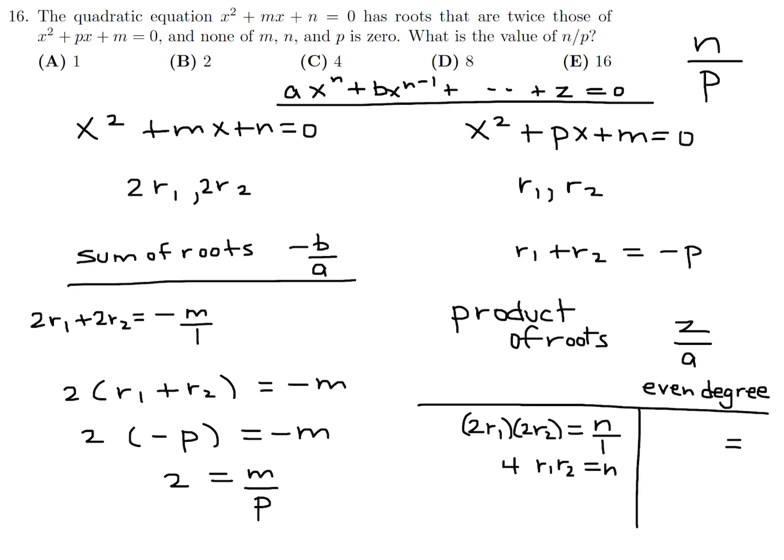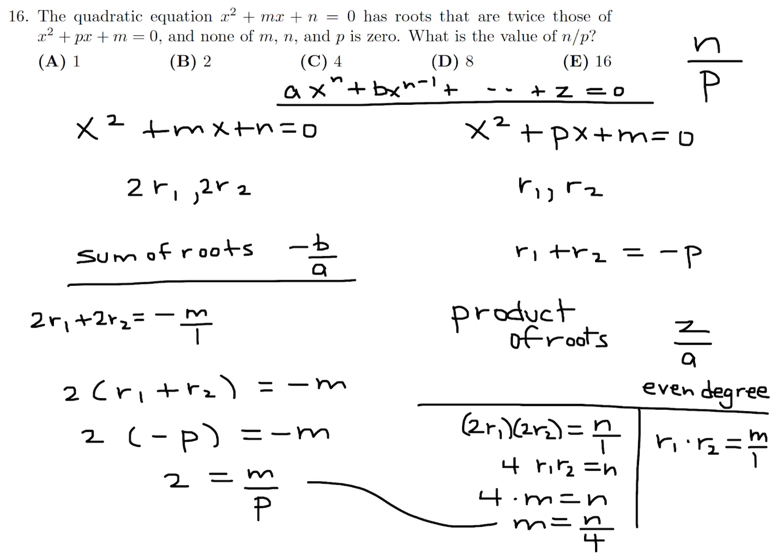Product of the roots in that case, if you're using z over a, will be m over 1, and the product is r1 times r2, like that. We can then substitute this into this, and that gives me 4 times m is equal to n. And therefore m is equal to n over 4.